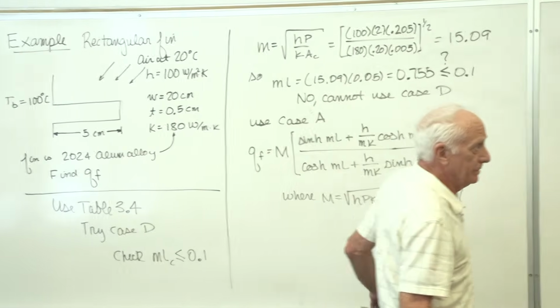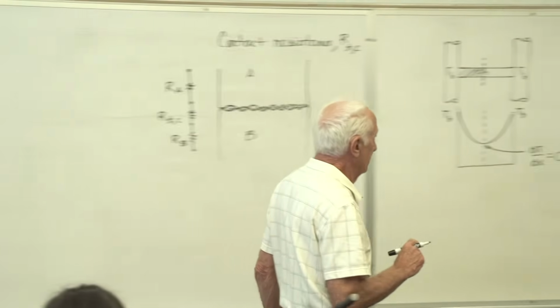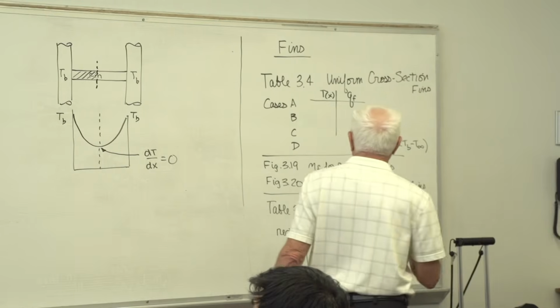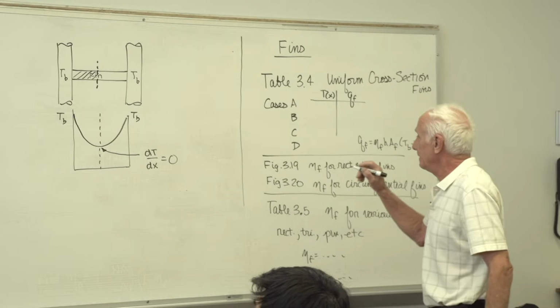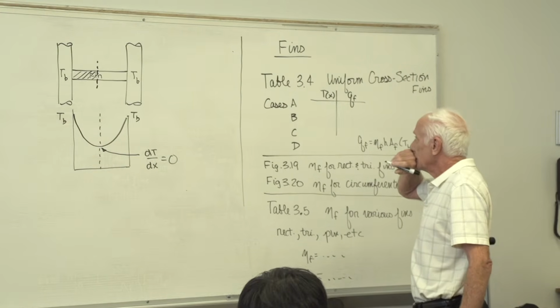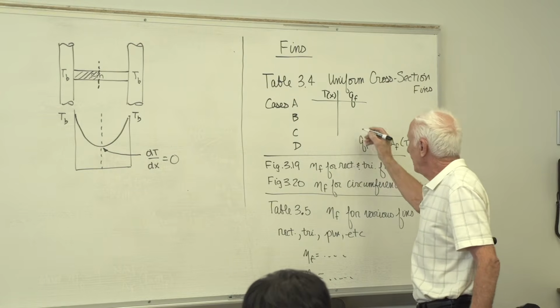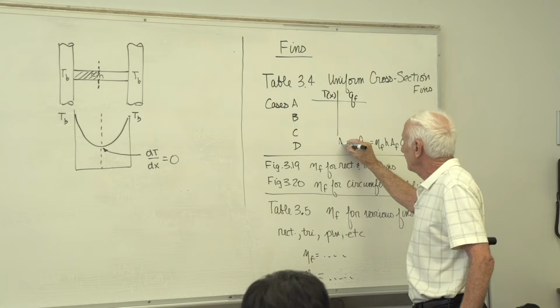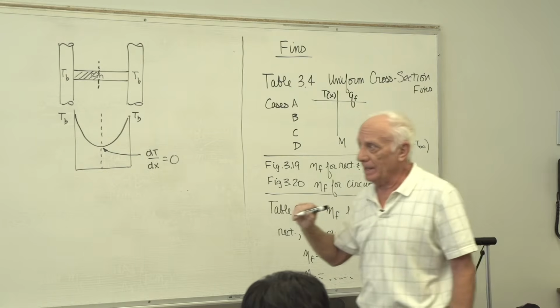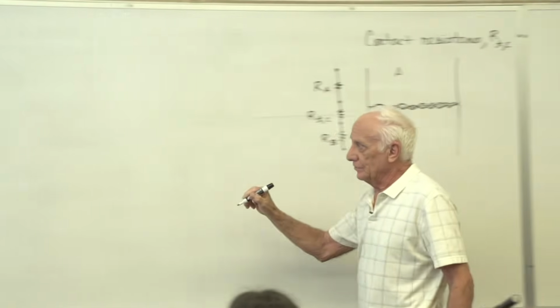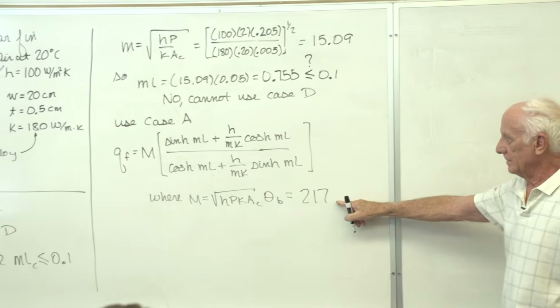Well, the reason why is because if it's case D, if ML would have been less than 1/10, QF for case D is just capital M, 217 watts.